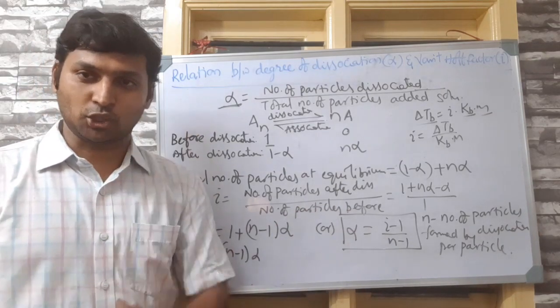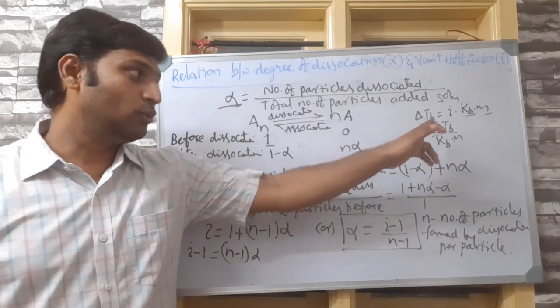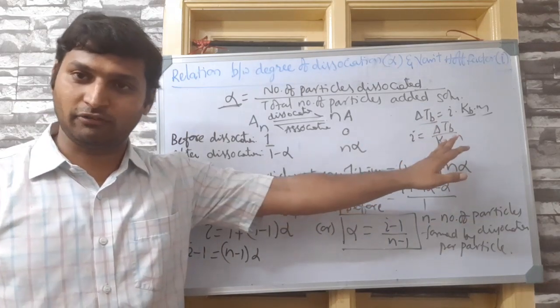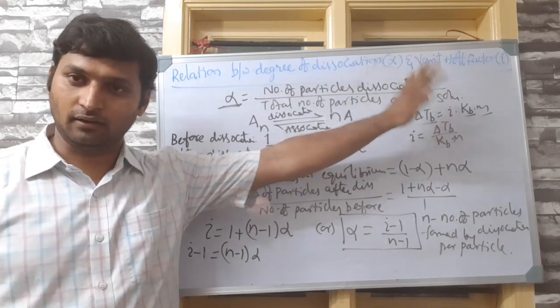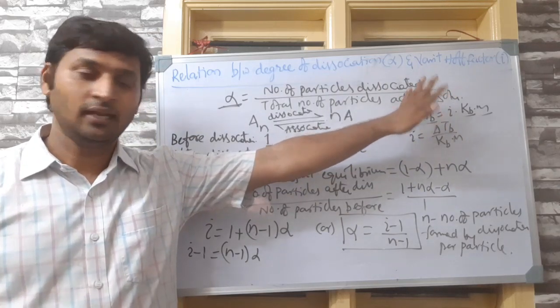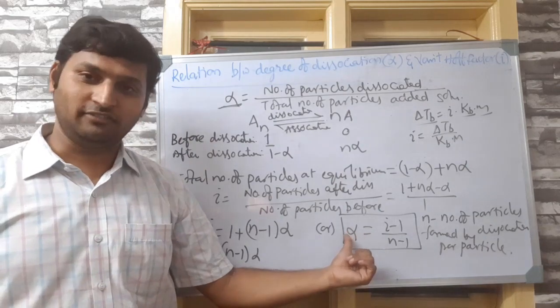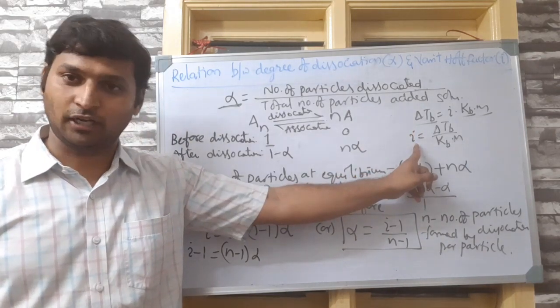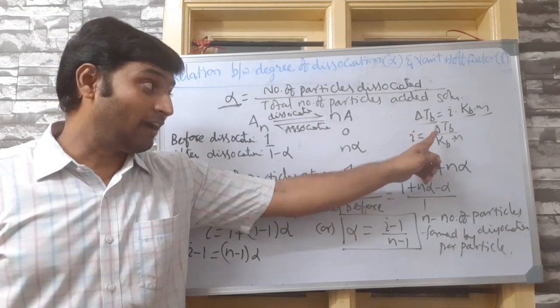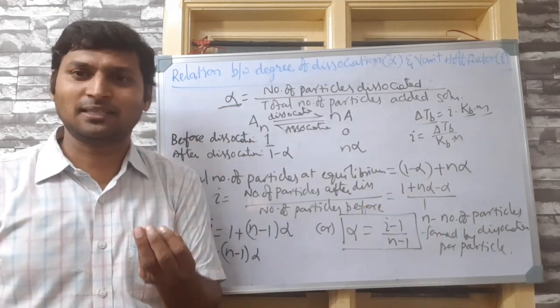Now you may get questions two ways. One is, they'll give you all the experimental details required from a colligative property experiment, and they will ask you the degree of dissociation. Then from the colligative property experiment, find out the Van 't Hoff factor, meaning he would have given you everything. Logic is simple here.